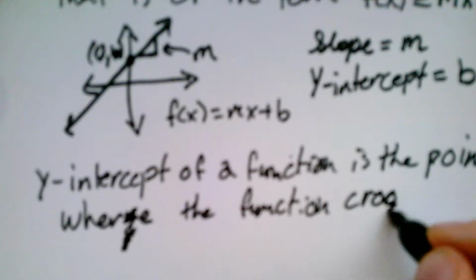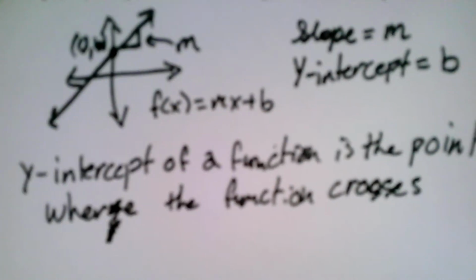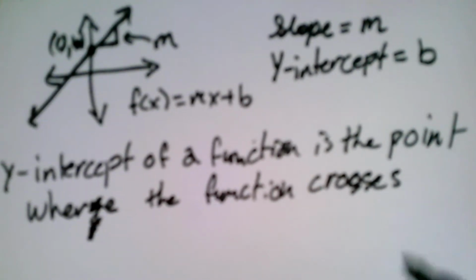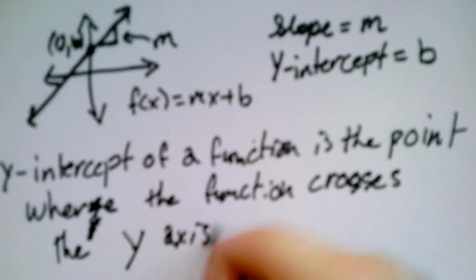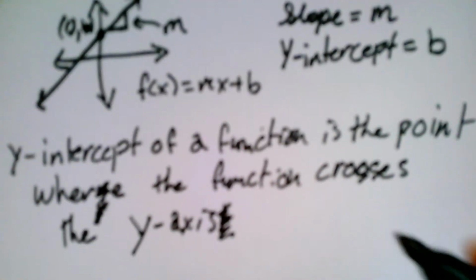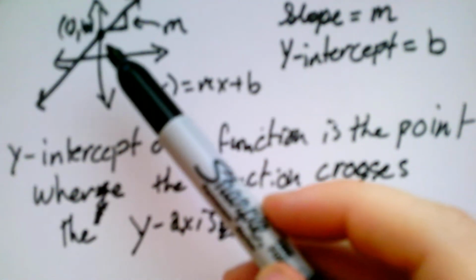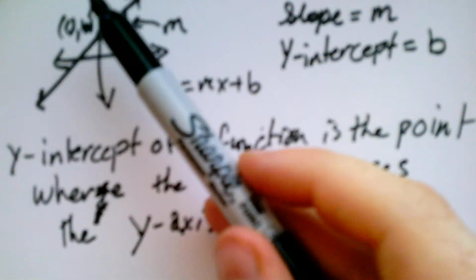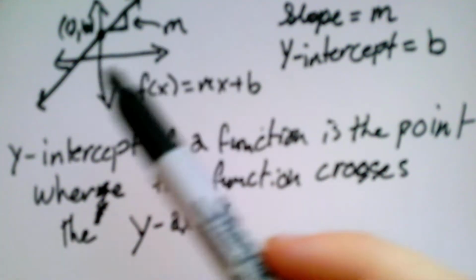We obtain this point by plugging in 0 for x. It's called the y-intercept because it intercepts the y-axis, it crosses it. So on our diagram, that point is here. The y-axis, of course, is the vertical axis. And the x-axis is the horizontal one.